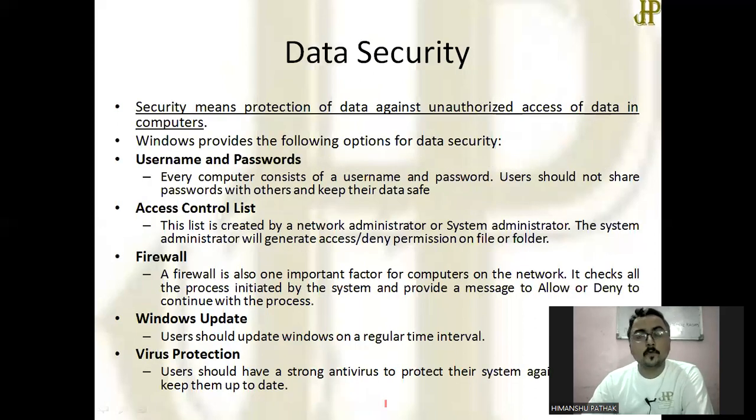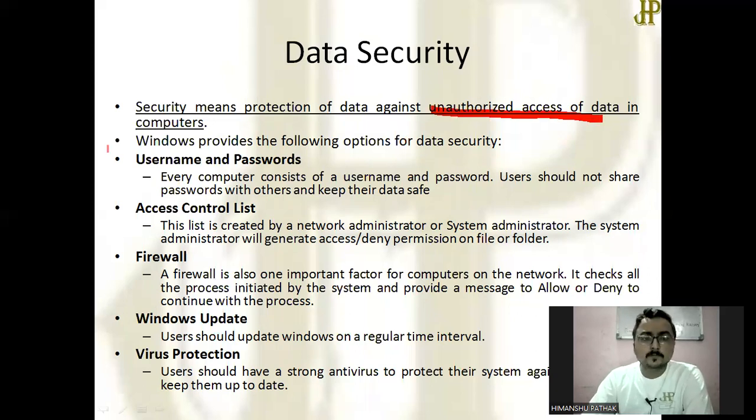Now, at last, I'm going to discuss what is data security. As you know, data is everywhere, so you have to be very careful when using that data on various platforms. Security has to be enabled in your system, in your mobiles, in your laptops, etc., so that unauthorized access to data cannot happen.